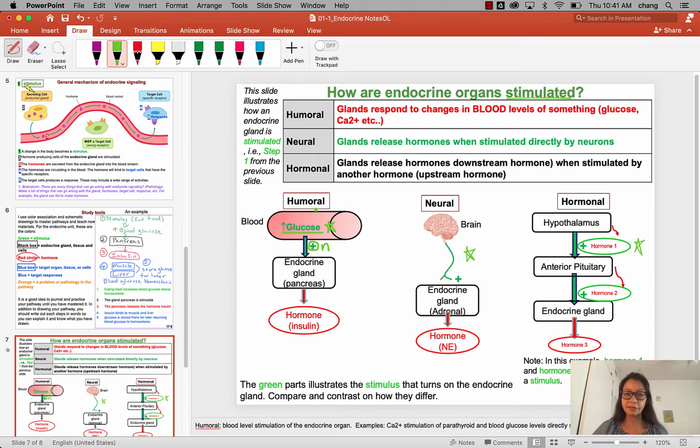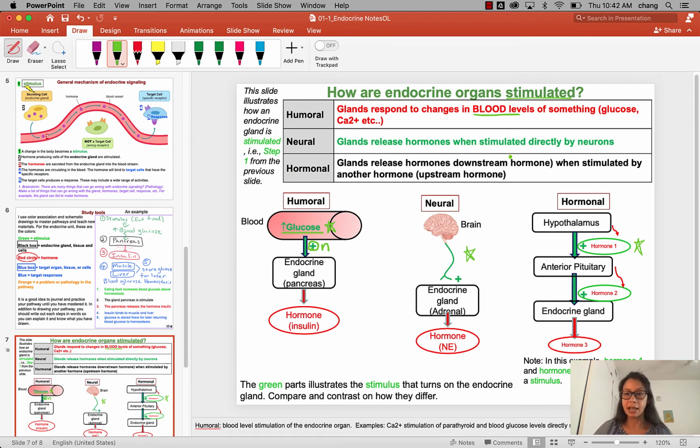If you look at the definition of a humoral blood level, you want to look at some of the keywords: glands respond to changes in blood levels of something. For example, low blood oxygen stimulates the kidney to release erythropoietin. The stimulus here is the low blood level of oxygen. So that would be an example of humoral.